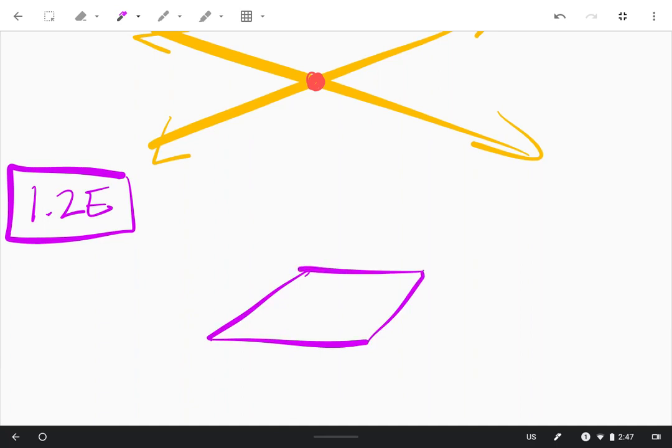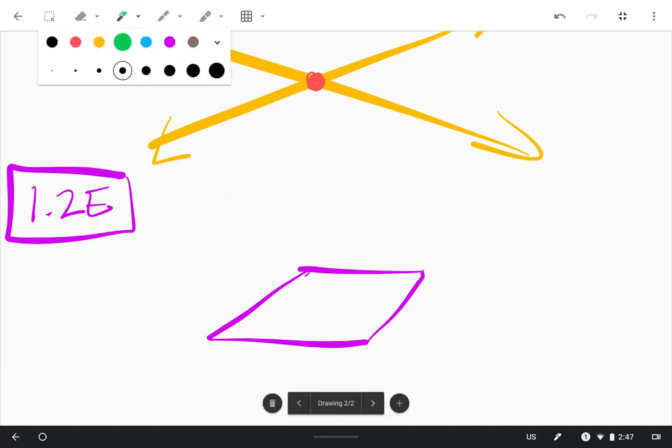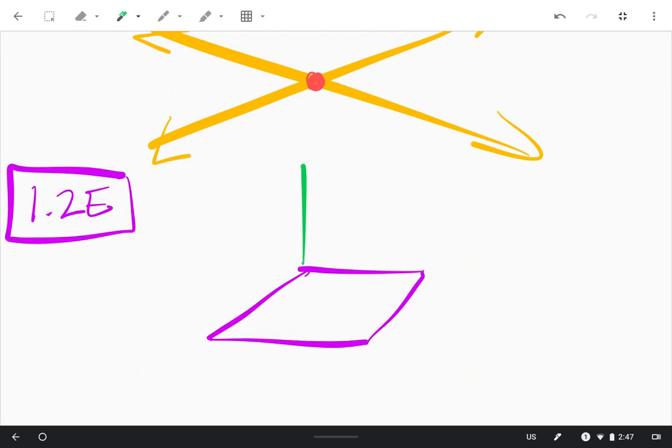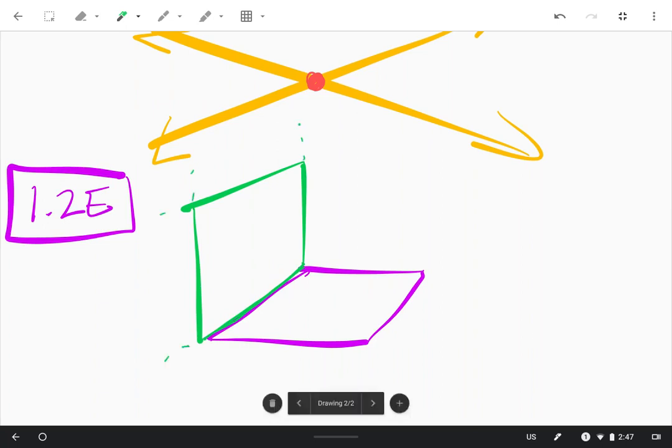Let's say the purple is the floor of the room, and the green is the wall of your room. I'm going to go back, I messed up a little bit. You can see that, even though these go on forever, imaginary go on forever, the place where they intersect is this place right here, which is a line.